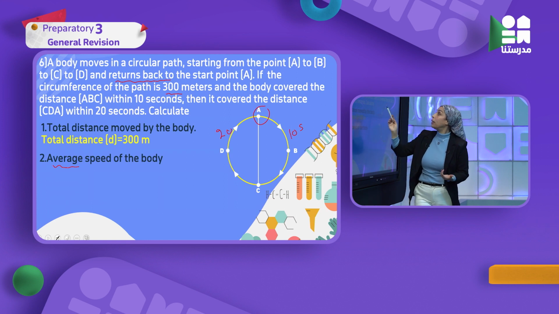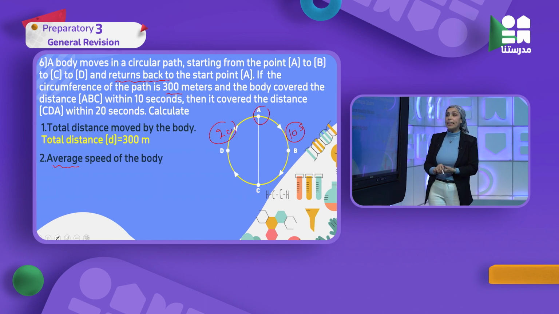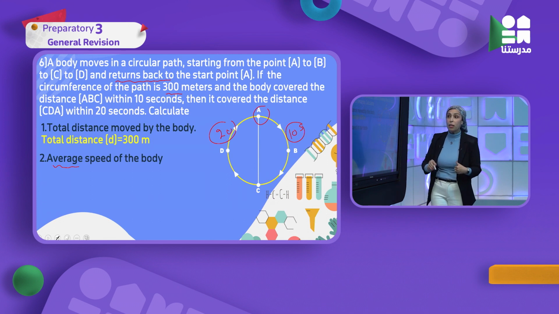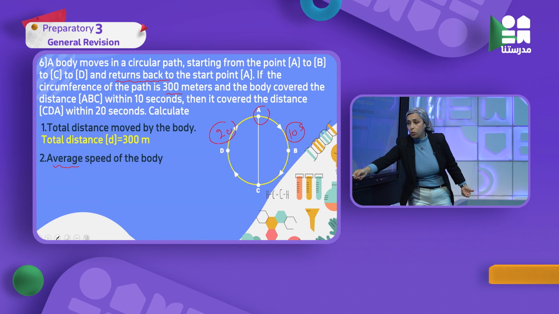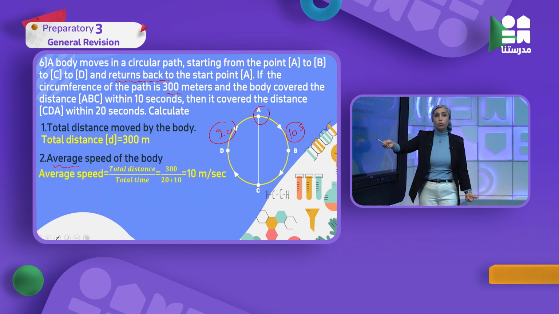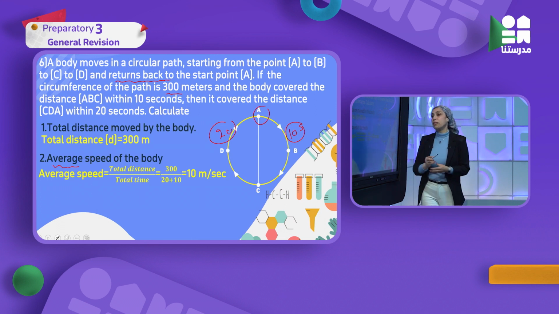And the time it took? The first time was 10 seconds and the second time was 20 seconds. So I'm going to take the total distance over the total time so I can get the average speed. As you see here, average speed equals total distance over total time, 300 over 20 plus 10, which is the total time. So the answer is 10 meters per second.